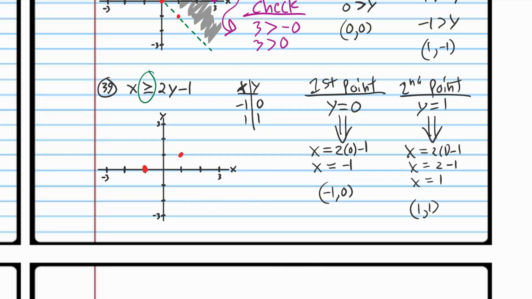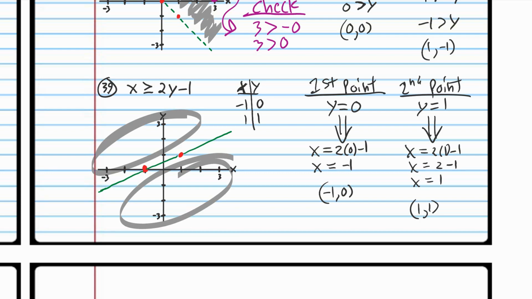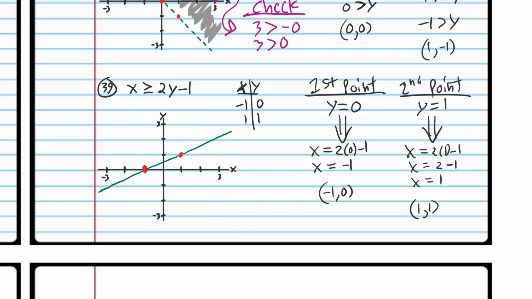And this is a greater than or equal to, so it's going to be a full line. So now we have to figure out if we're going to shade on this side or on this side. We don't know. So we're going to do a check. Just make sure that when you do a test point, make the point far from the line.